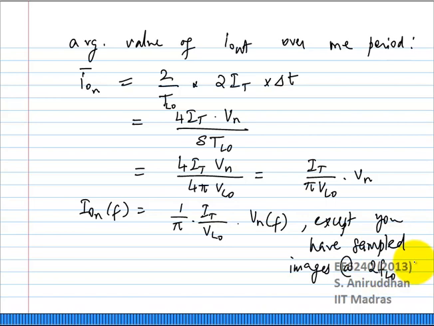Because the basic idea is you can look at this pulse train, because these delta T's are very small compared to your TLO, your LO period. You can say that this is practically an impulse train. That is why you are able to convert this to an impulse train in the frequency domain also, and you look at sampled values at 2 fLO.